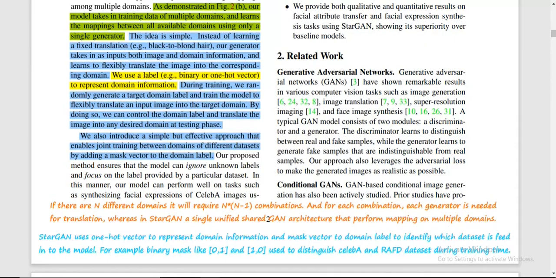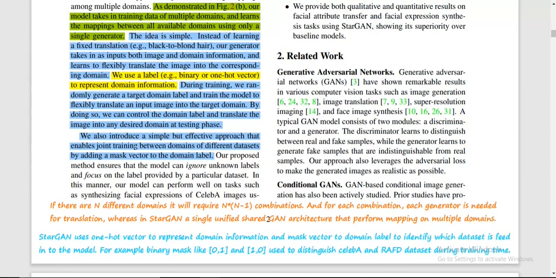And another thing is how the model knows, or what effective approach they use, for joint training between the domains of different datasets: by adding a mask vector to the domain label. There are two pieces of logic here. One is the one-hot or binary vector that represents the domain information within the same dataset, so the model can be trained across different datasets between domains.